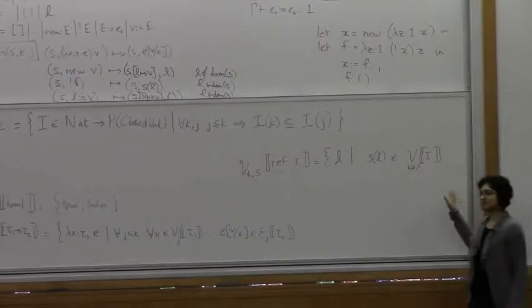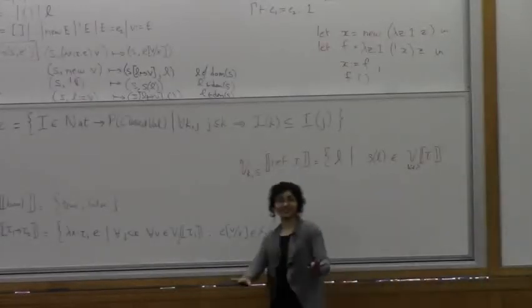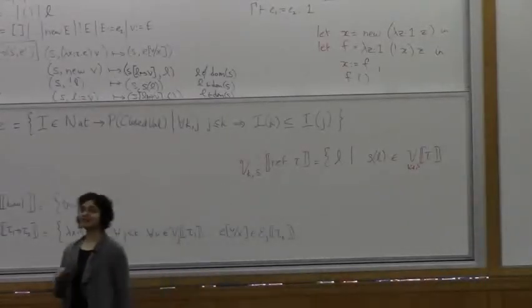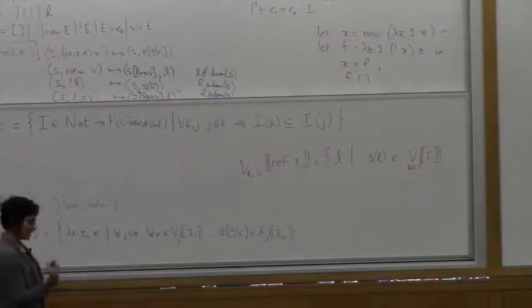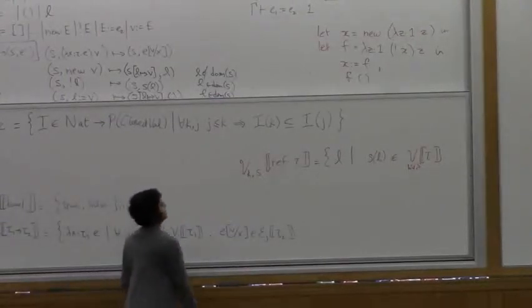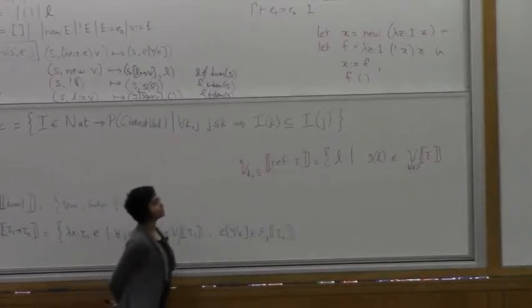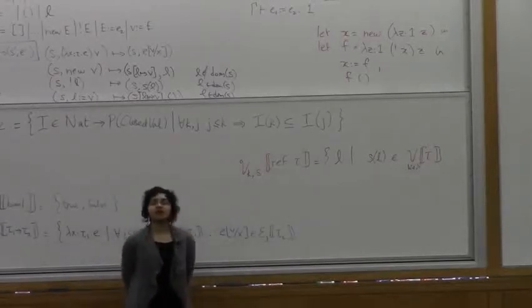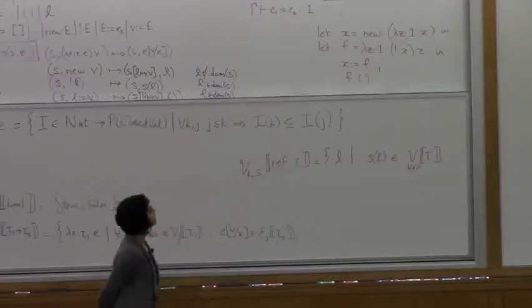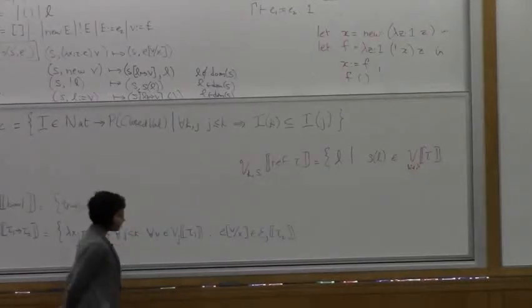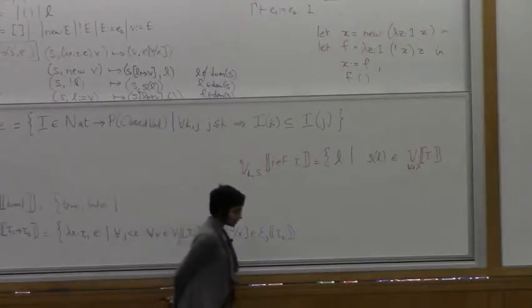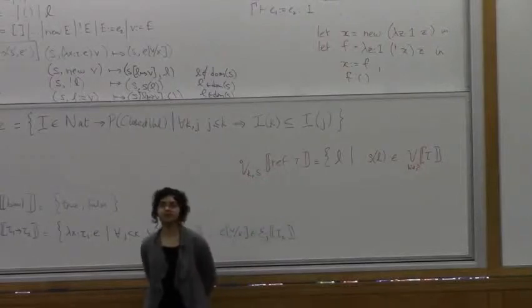So this says, if this were our definition, and it's not our final definition, that a location has this type if whenever you read out of it, it contains something of type tau. Okay, so what about, we only want to allow type preserving updates though, right?